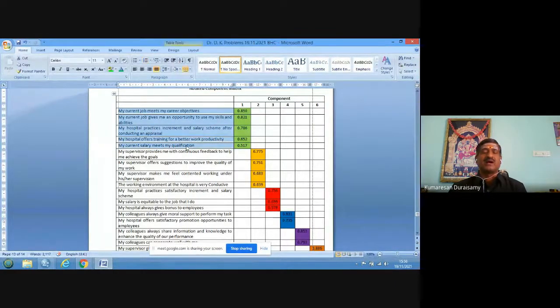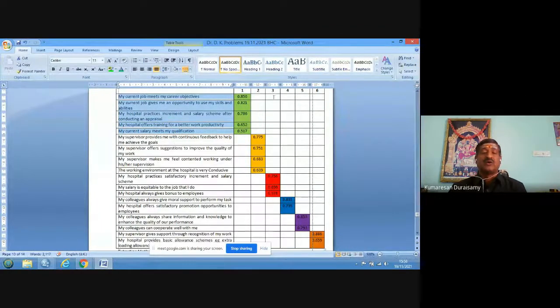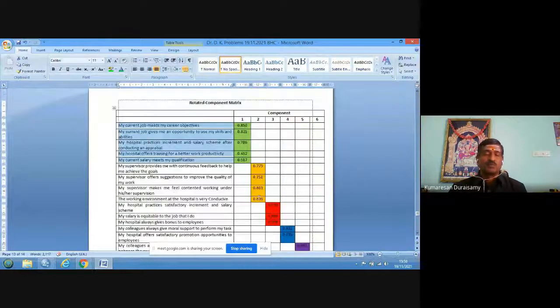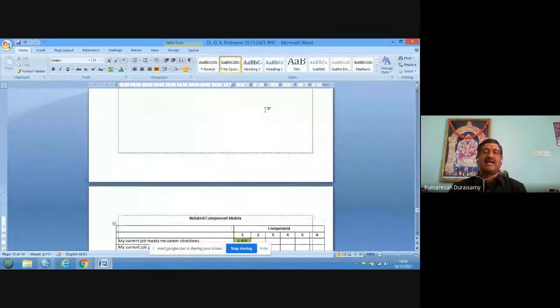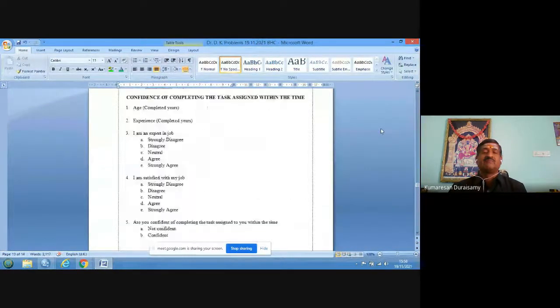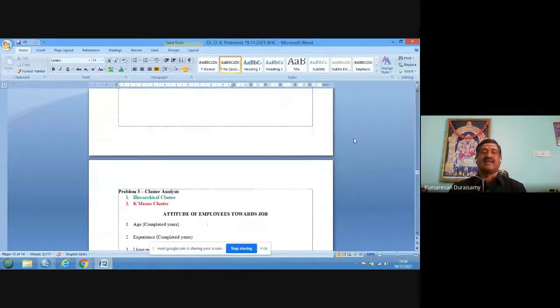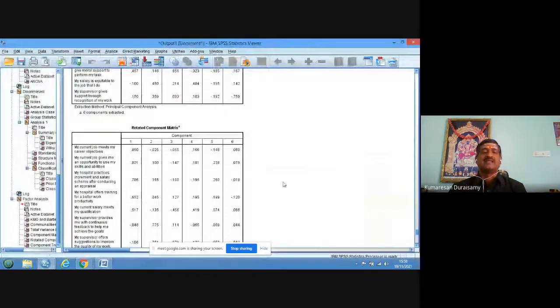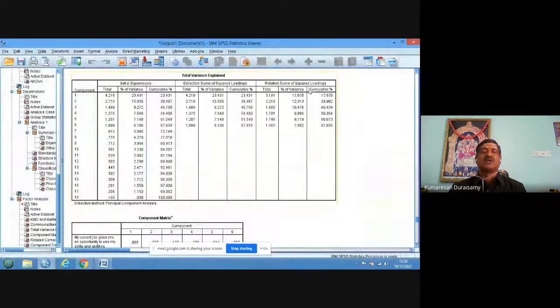From this, what we can understand: earlier we had not classified the factors into different groups. Now, 6 components have been formed. 6 groups of factors are formed. So, the first group of factors has the highest percentage of variance explained, 17.67%.